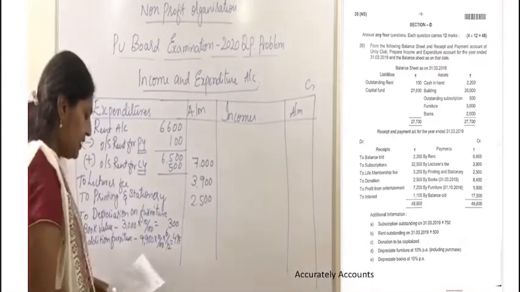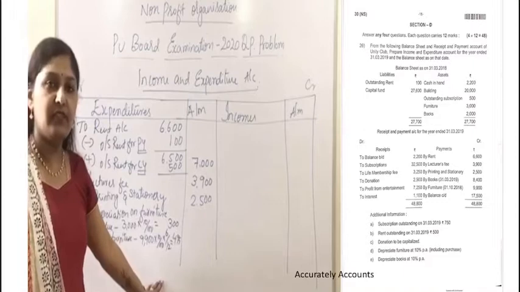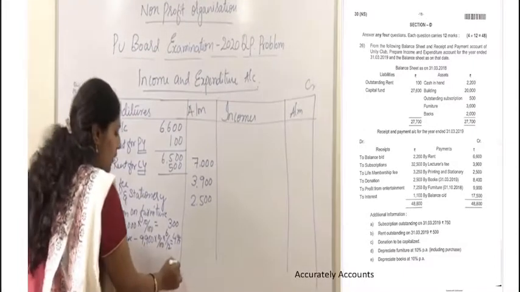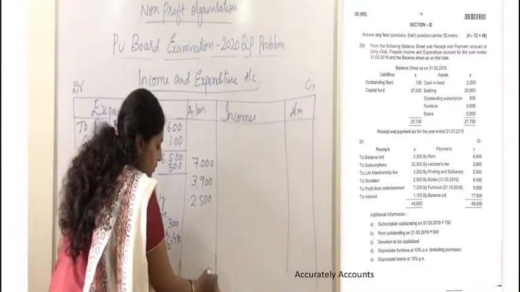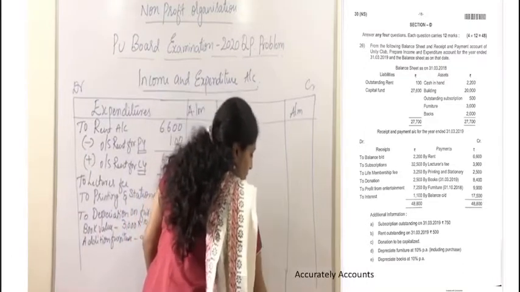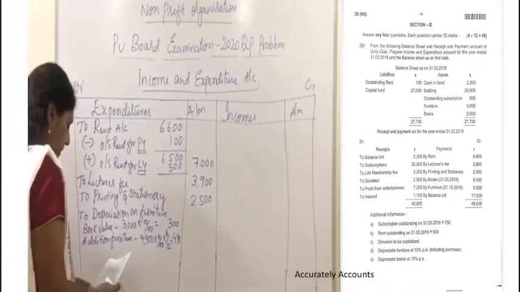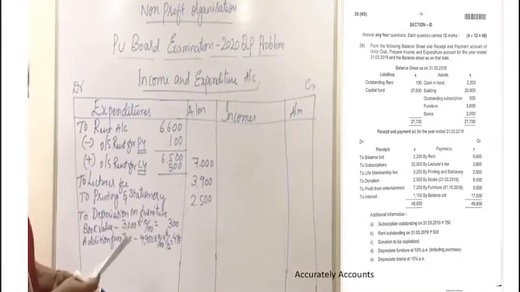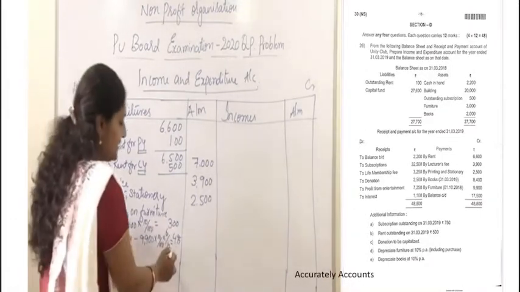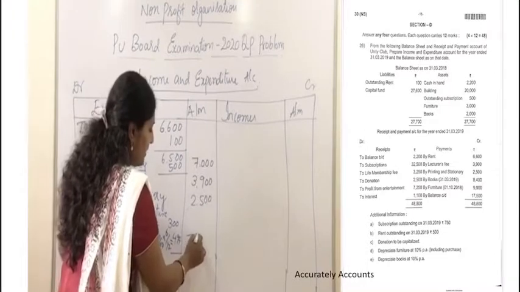So this is the actual value of depreciation on the opening balance of furniture and also on the addition to furniture. The total of this depreciation is 795.